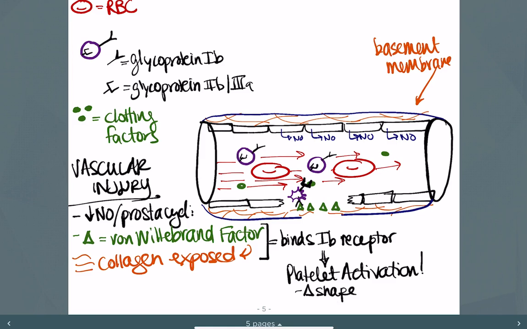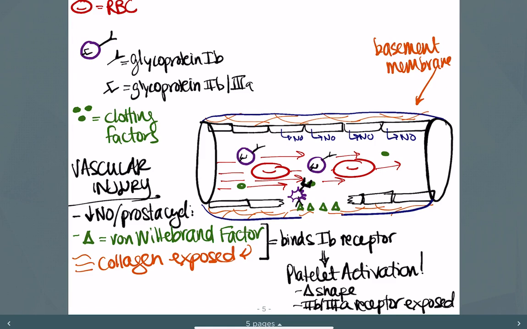It went from smooth to spiky. It exposes the 2b3a receptor. It got flipped to the outside. The 2b3a receptor has the ability to bind to fibrinogen.